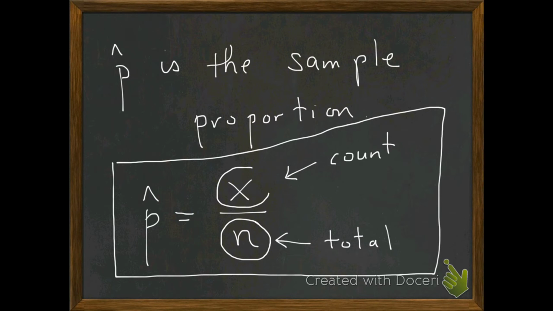Those people who tell us that they update regularly would be our count. So for example, if we went out and sampled 100 people, that would be n. If 32 of those people tell us that they update their status daily, that would be 32. So our p hat would be 32 out of 100, or 0.32.